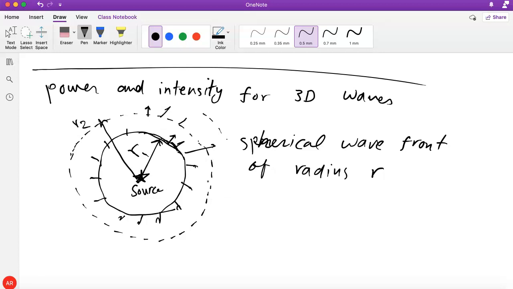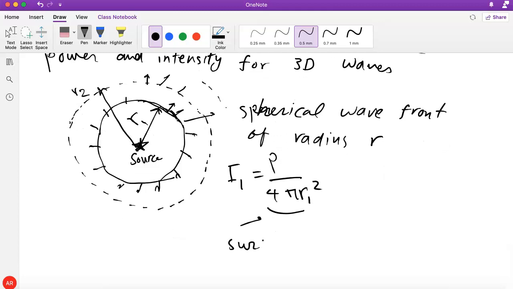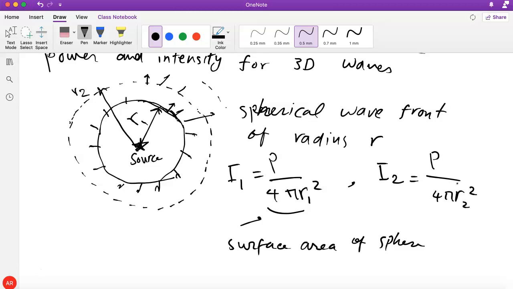But if you want to think about the intensity, so I1, the intensity for this one, will now be the power, which is a function of the source, divided by 4 pi R1 squared. That's the surface area of a sphere. Similarly, I2 will be the total power over 4 pi R2 squared.